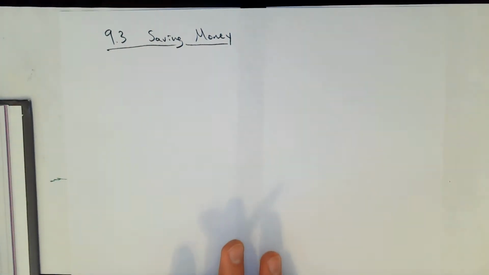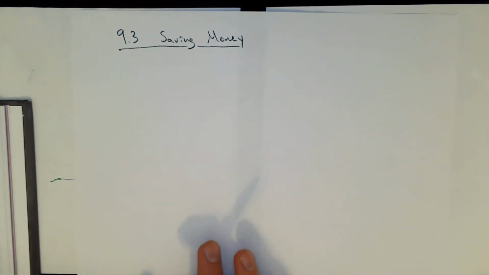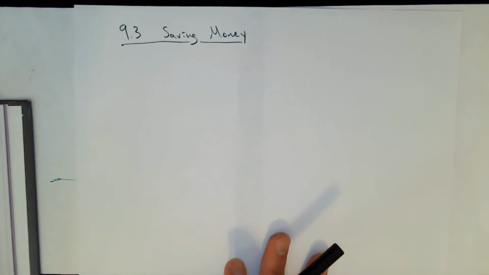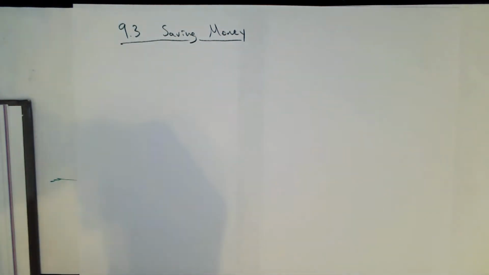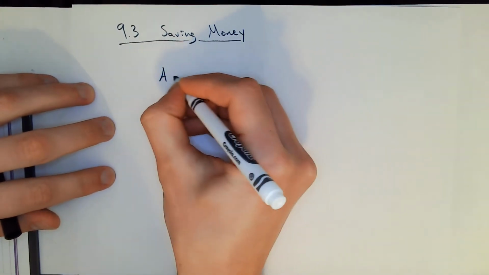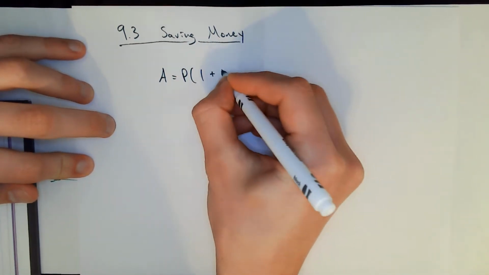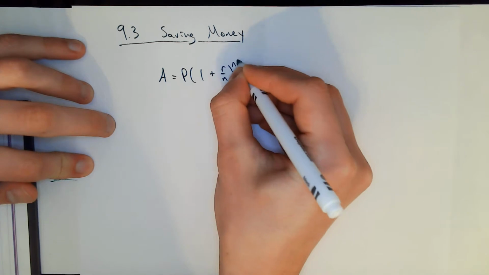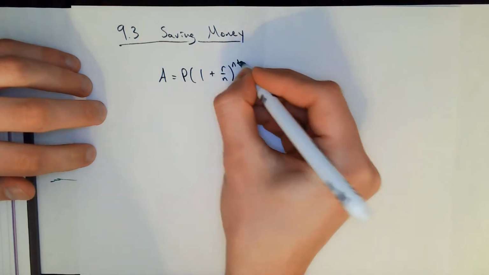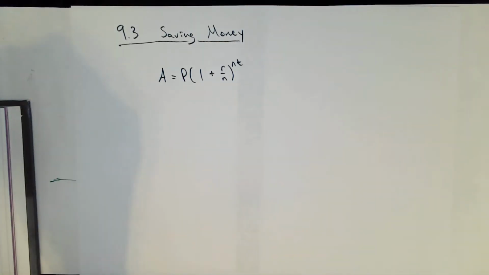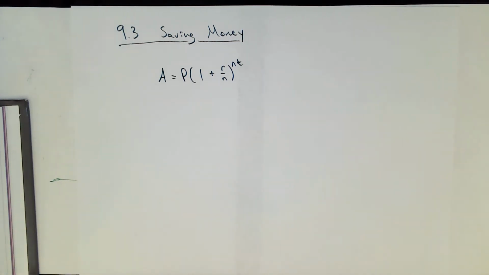But what we're going to be doing in this section is looking at, first of all, a very nice natural extension of this formula. Not even an extension of it, just reorganizing it. We're going to look at how to find the so-called present value.